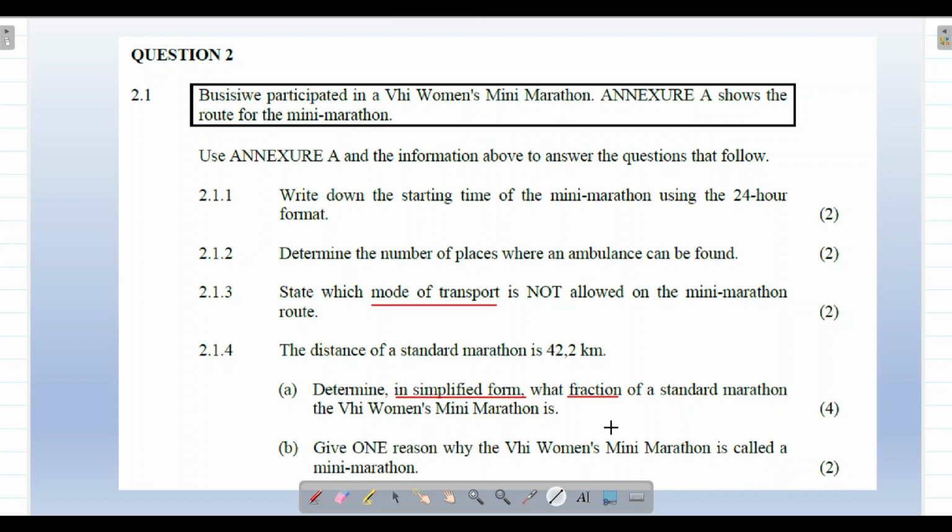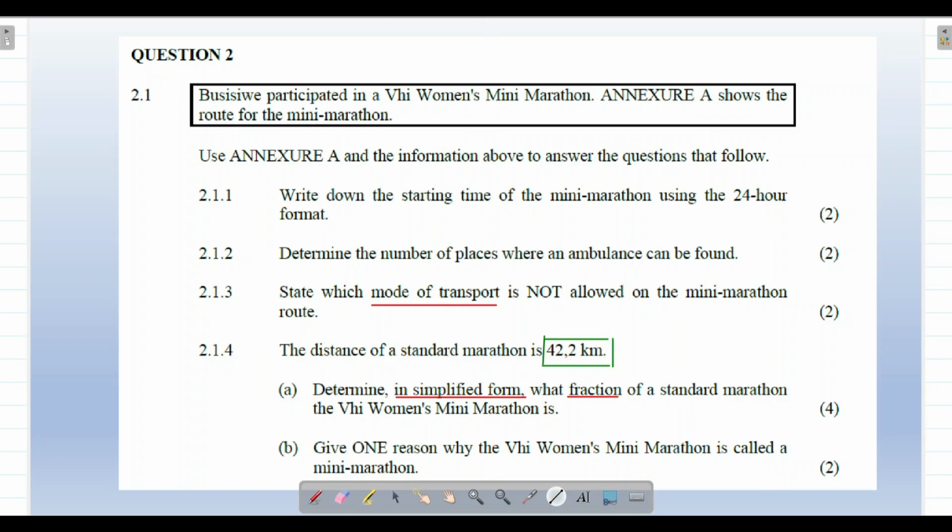Okay, so we're given the information that the distance of a standard marathon, generally, is 42.2 kilometers, right? So that's fine.